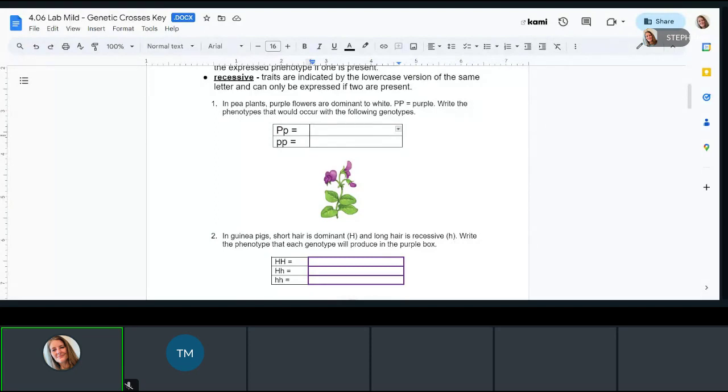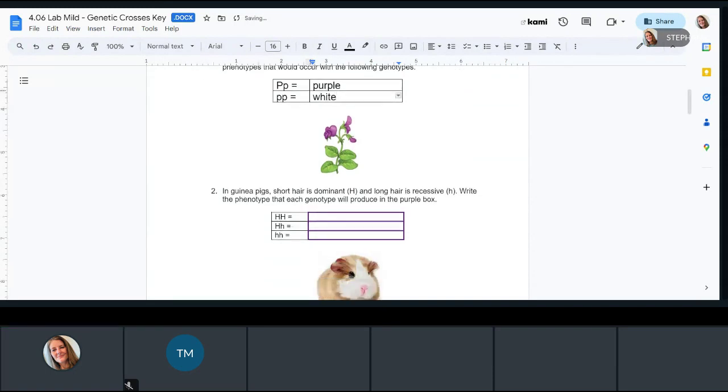So we're going to type purple right there. On the second one, we have two little p's. So what color is the recessive gene make our flower? White, exactly.